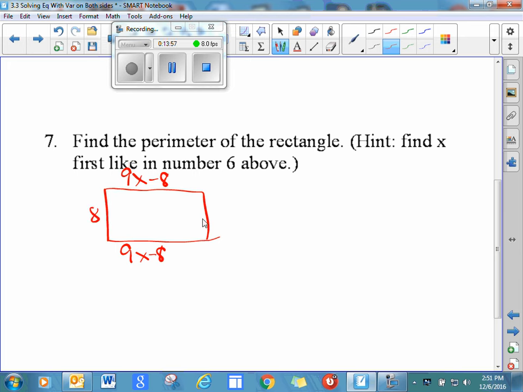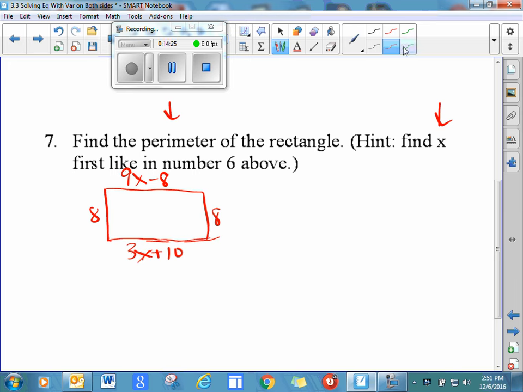And those are the lengths, and the widths are 8. Sorry, I knew this one right. 9x minus 8 and 3x plus 10. So again, find x and then find the perimeter.